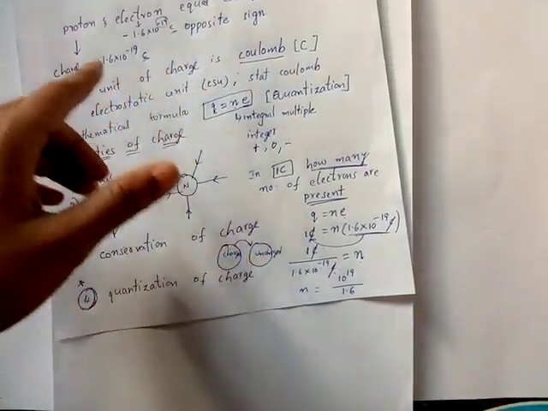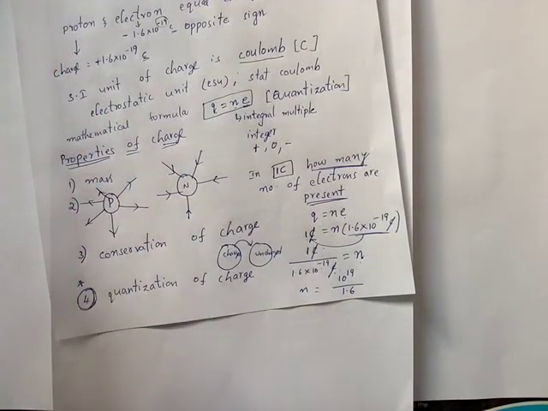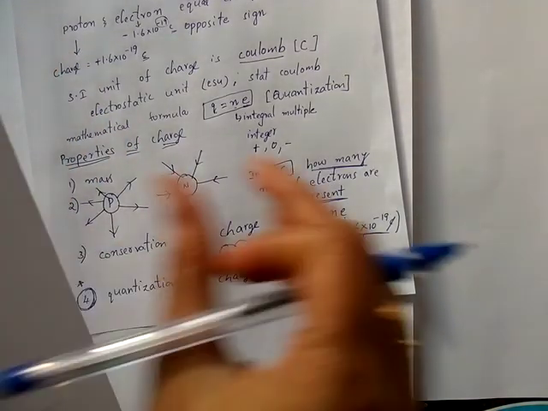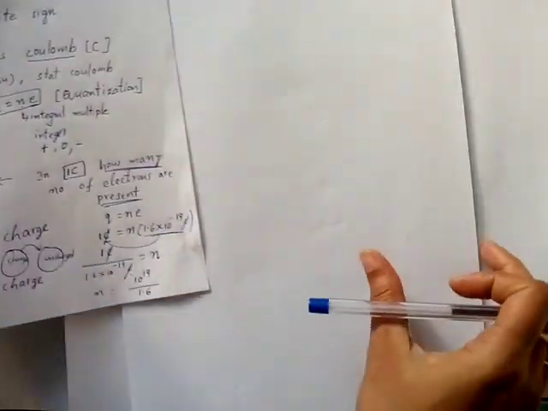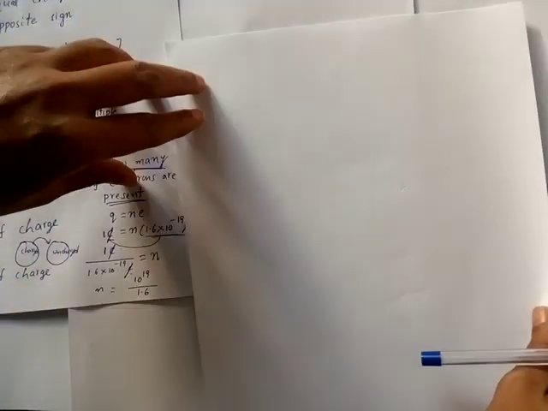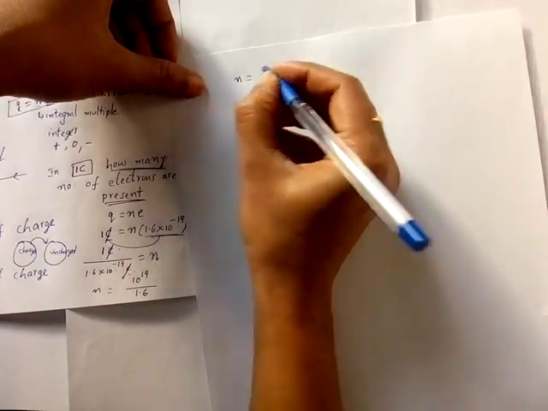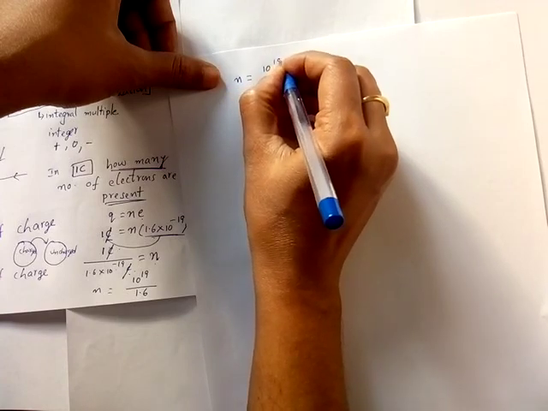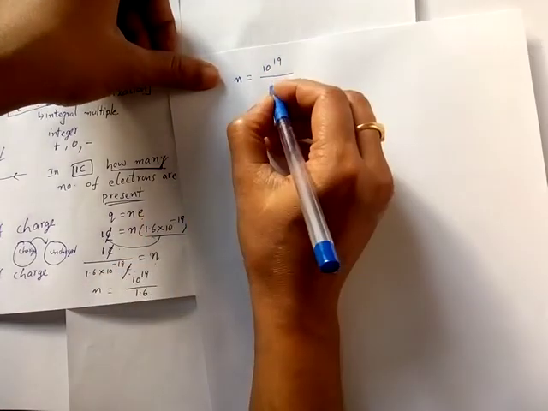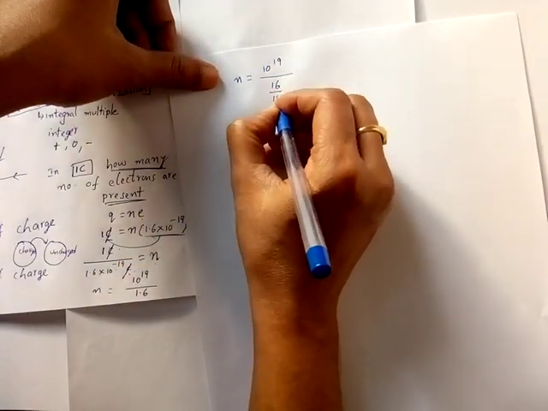Okay, then you have to simplify that to find number. This 1.6 also, how do you write? 16 by 10, isn't it? So N is equal to 10 to the power of 19 by 1.6 I am writing as 16 by 10. I can write it.